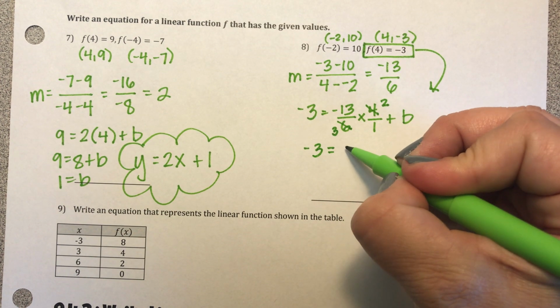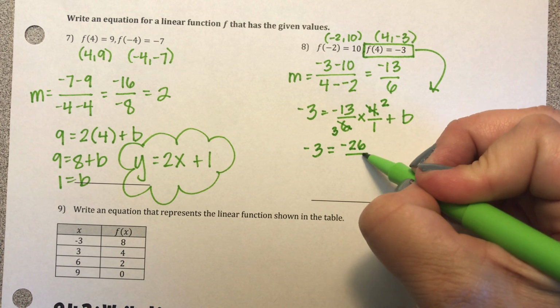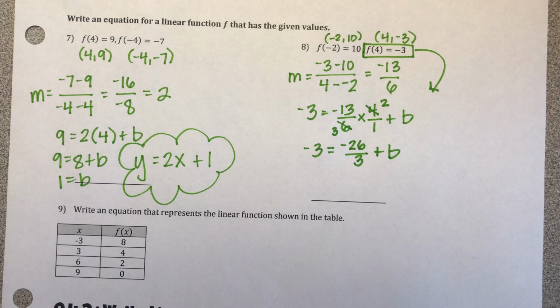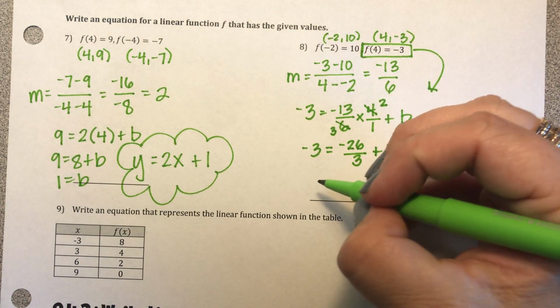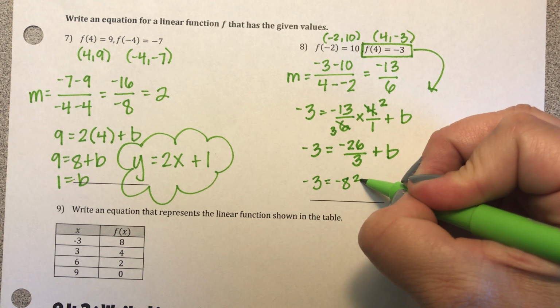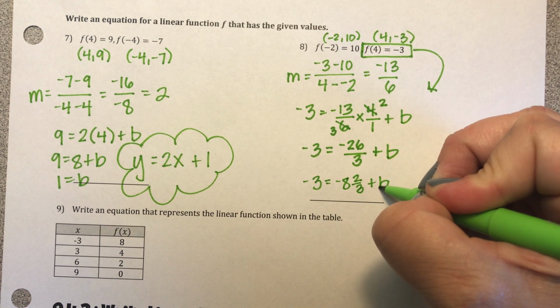So -3 would equal -26 over 3 plus b. Okay, I think this was a typo. I wouldn't necessarily give you anything this kind of complicated on your test, but we can power through it and figure it out. So -3 is going to equal -8 2/3 plus b.